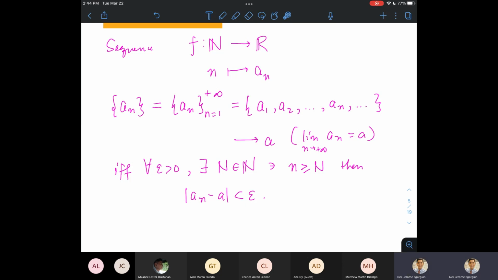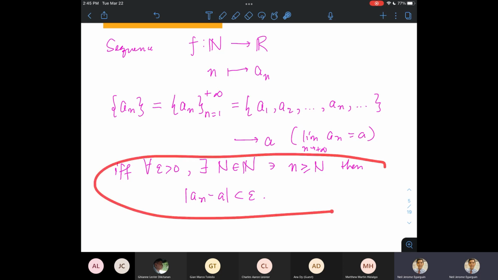Ibig sabihin, kahit gaano mo papiliin yung epsilon, gaano siya kaliit, laging merong starting index na pag lumampas ka na sa index na yon, yung layo mula kay A sub n papunta kay A ay mas maliit na dun sa epsilon mong pinili. The key here is you can do this for every epsilon greater than 0.